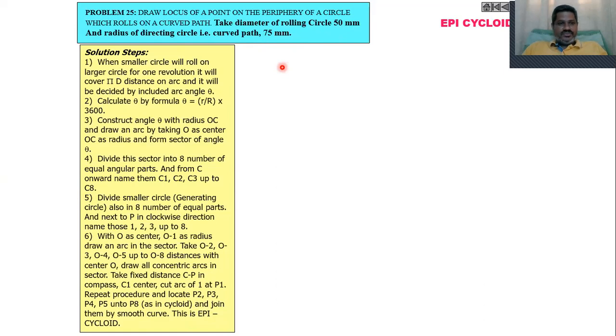Now, draw the directing circle, the directing curve, with the given radius, that is 75 mm, like this. By taking 75 mm as radius, draw a curve up to a certain length.